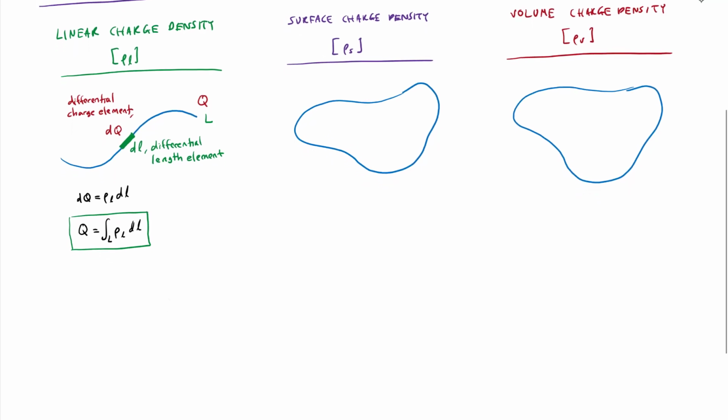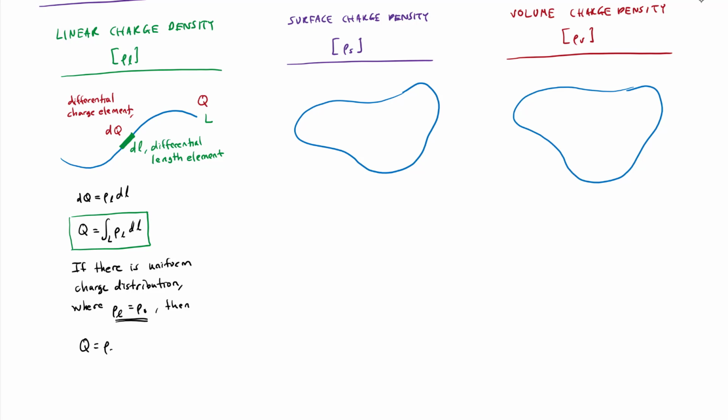And if there was a uniform charge distribution, where rho L is equal to rho naught, then Q would be equal to, you would take out the rho naught and get the integral of dl.